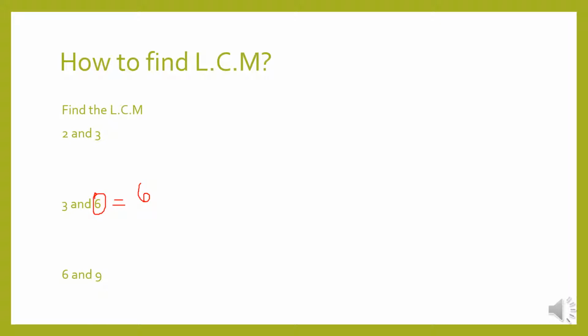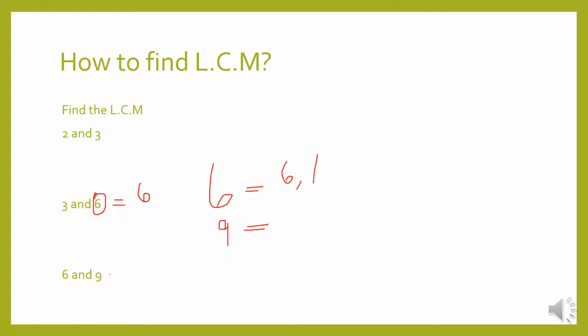The other method is multiples. I hope you thought about that. We can write the multiples of 6, you must know your table, and the multiples of 9 and see what's common. Multiples of 6, let's count in 6.